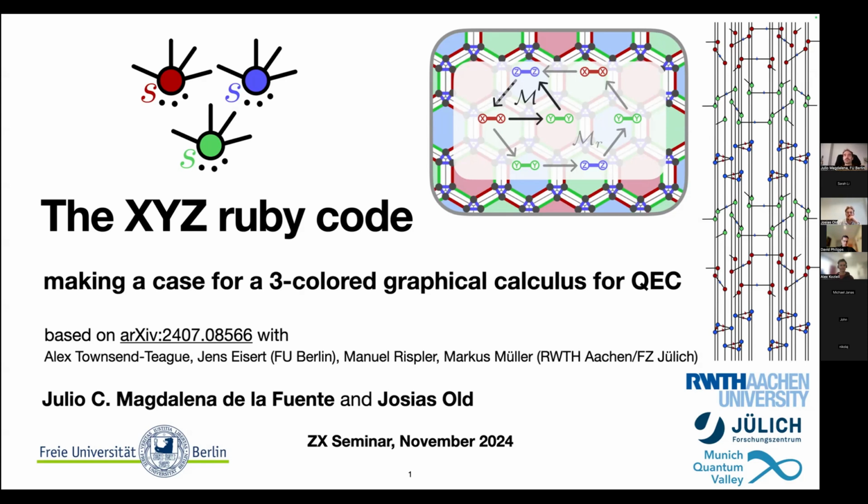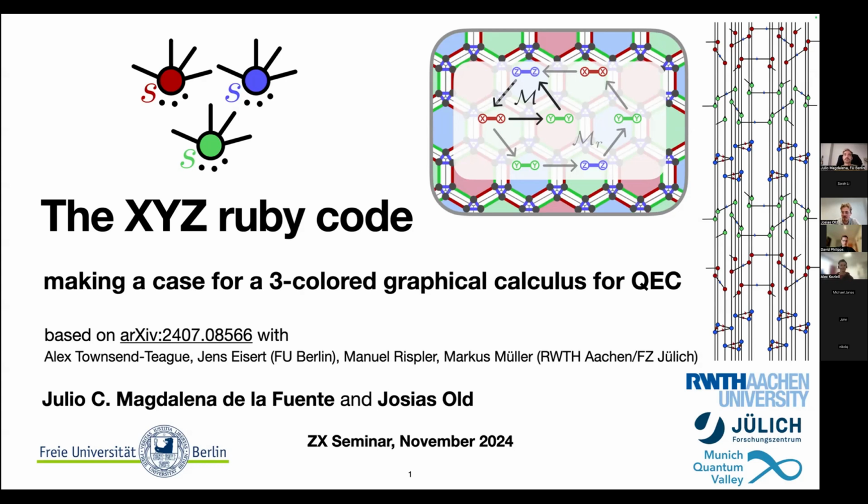I'm Julio, a PhD student from Berlin, and Josias will do the second half of this presentation on this paper that we put out in July on the arXiv together with Alex, who you might know from the ZX community, and Manuel and Marcus and Jens, of course, as well, about an error correcting protocol, which we call the XYZ Ruby code, and maybe more importantly, the methods we use to study this protocol and how this is related to the ZX calculus.